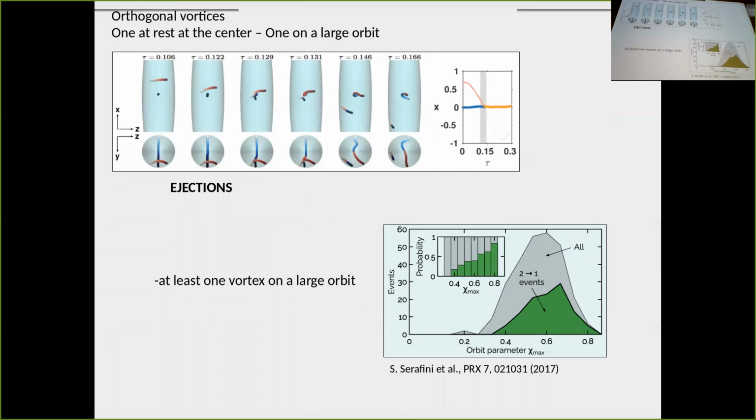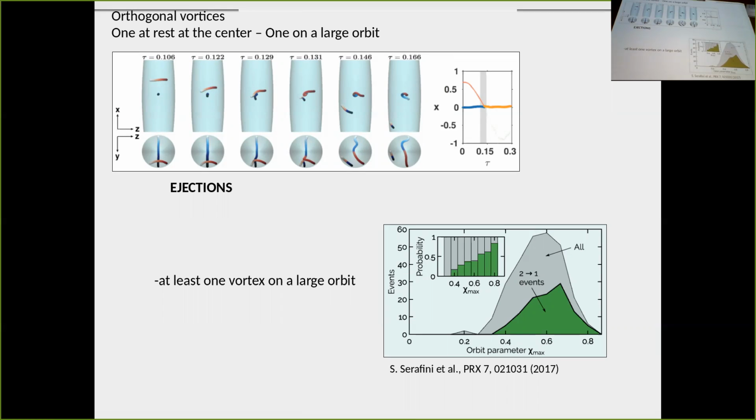So this is just to conclude, a study that we made about this ejection mechanism, where indeed we observe the loss of one of the two vortices. Numerical simulations show that if the reconnection happens next to the edge of the condensate, then we create a small nodal line that travels at a very high speed, of the order of the speed of sound, and typically another nodal line which carries essentially the full initial circulation.